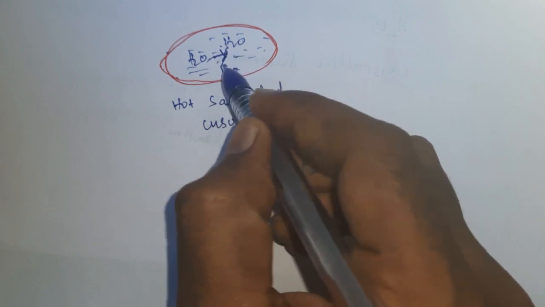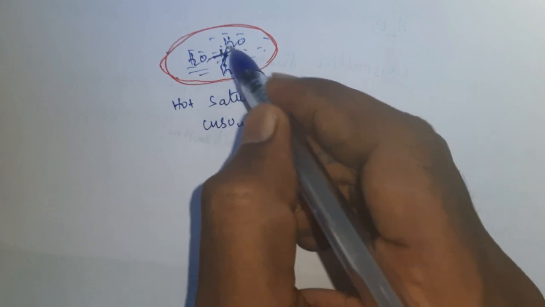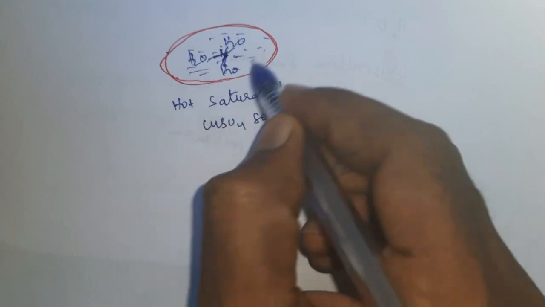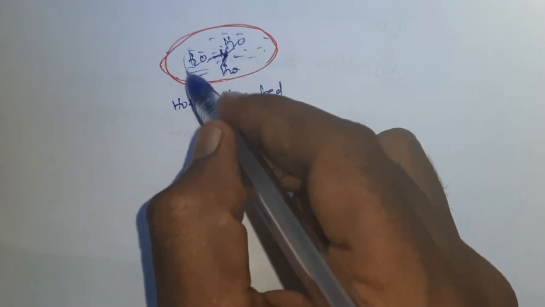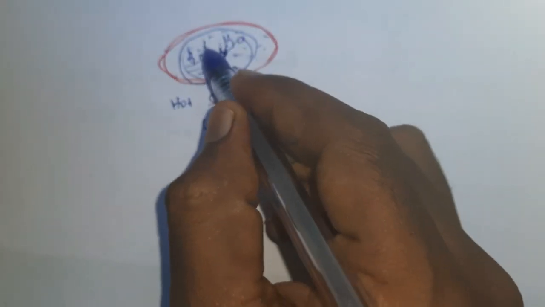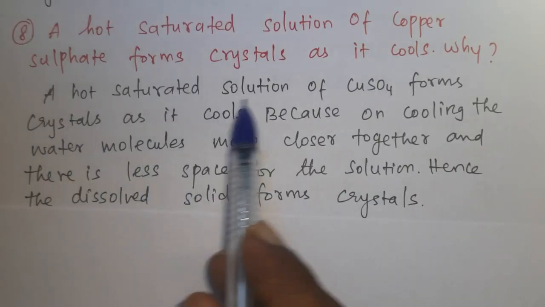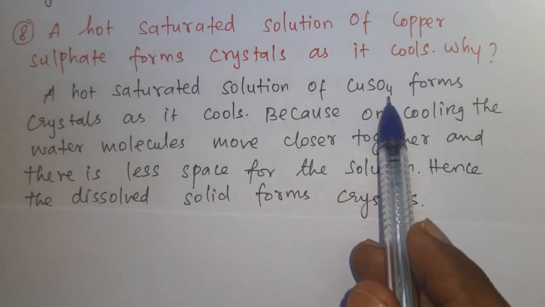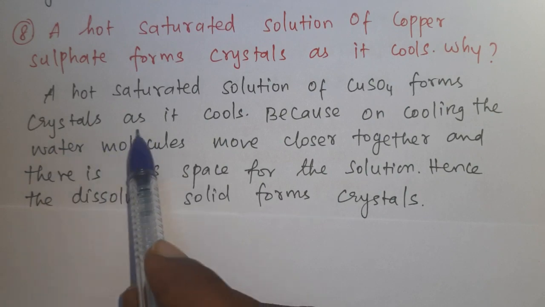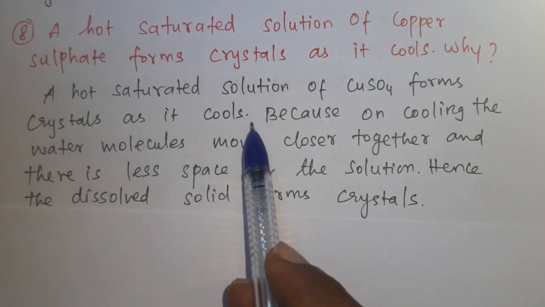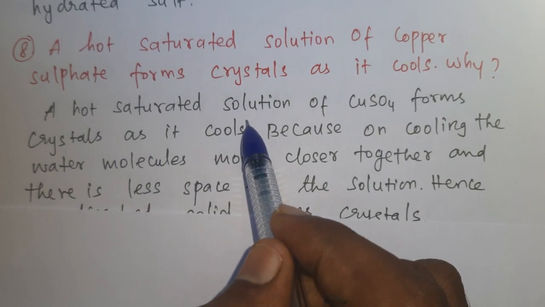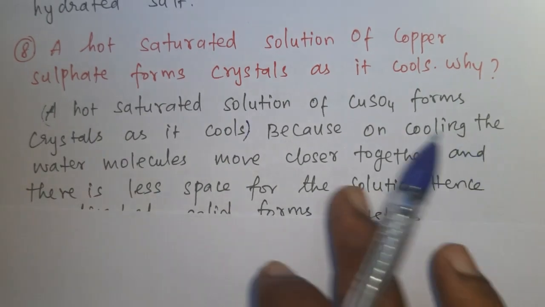So these water molecules come close together and there is less space for the solution, so the dissolved solid forms crystals. A hot saturated solution of copper sulfate forms crystals as it cools. So this sentence we can write from the question.